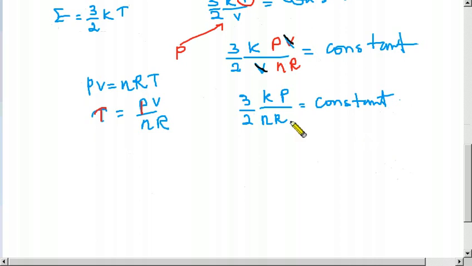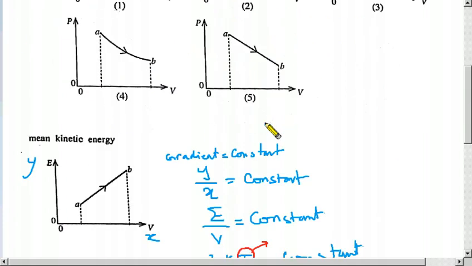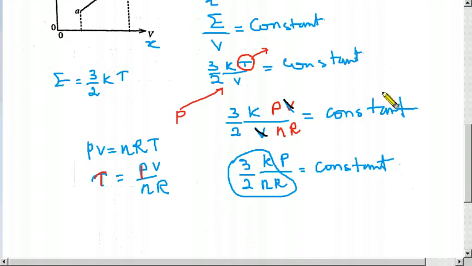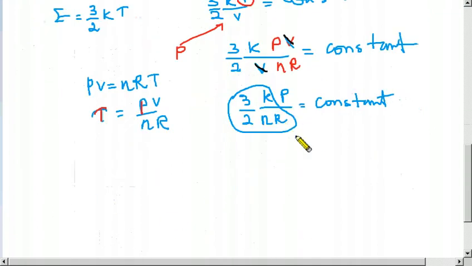Already we know these things are constant, because k is the Boltzmann constant. The number of moles is also constant because the mass is constant. So n is constant, and R is also constant. So all these quantities are constant.